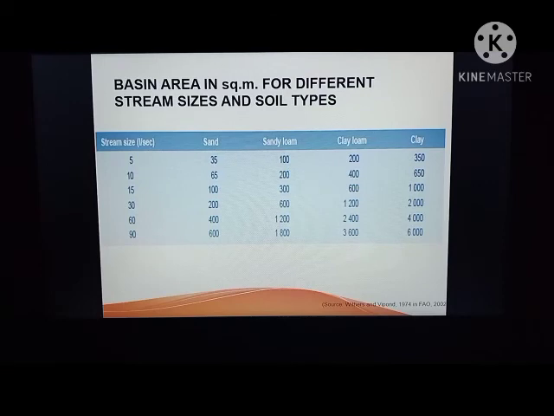There are different stream sizes, and these are the areas that are going to be required in basin area for sand, sandy loam, clay loam, and clay.